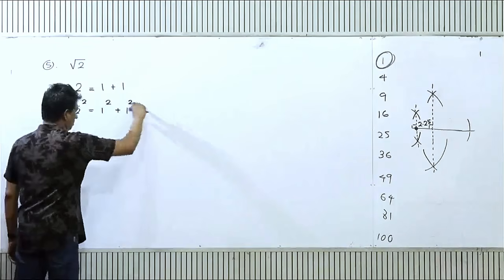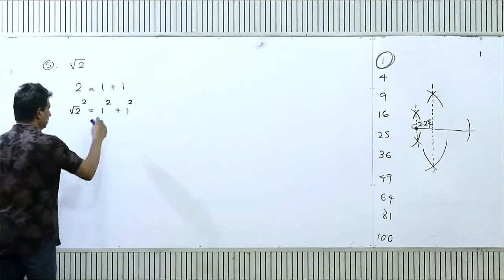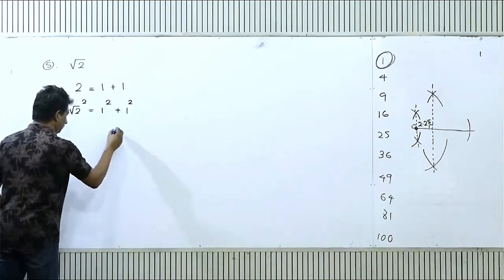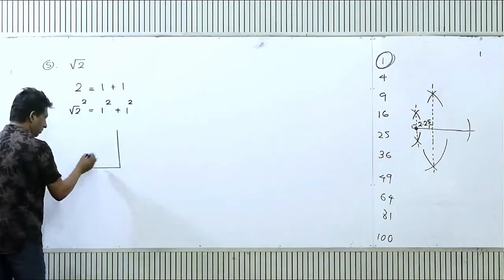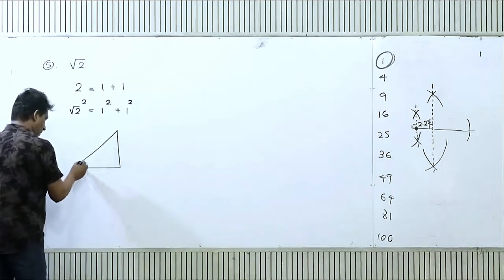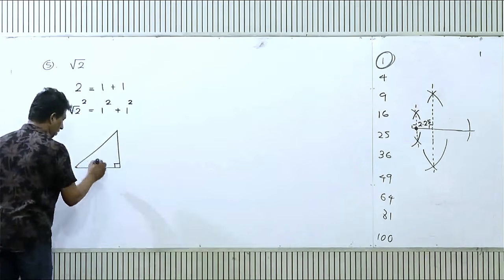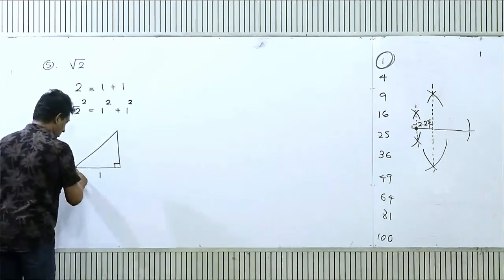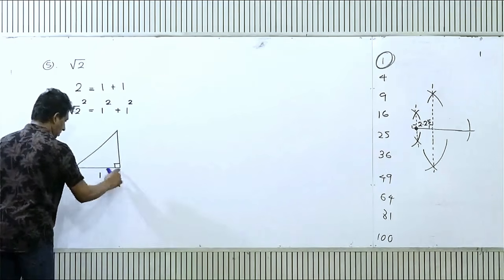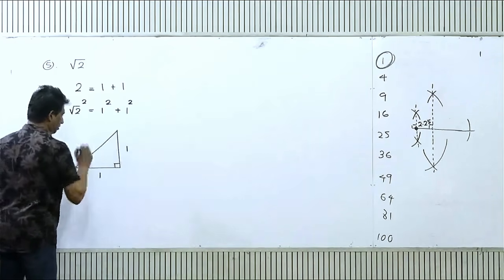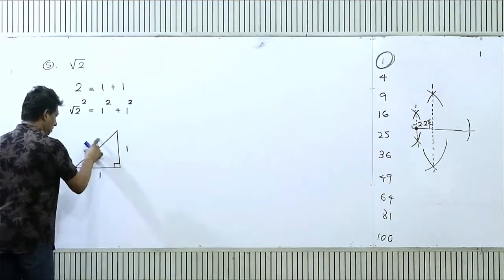According to this equation, we can deduce that if we draw a right-angled triangle like this, with this side distance 1 and this side distance 1, then what is this distance?